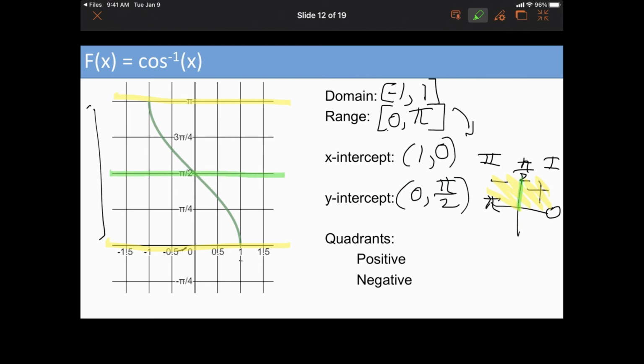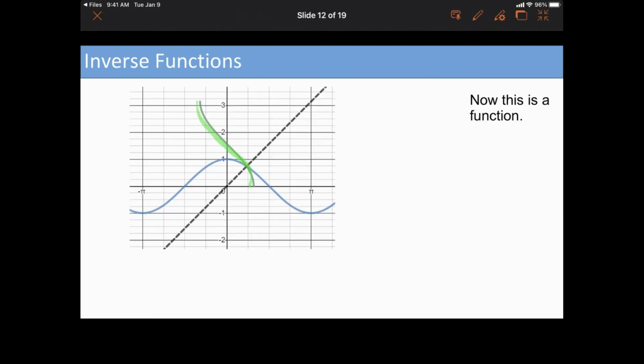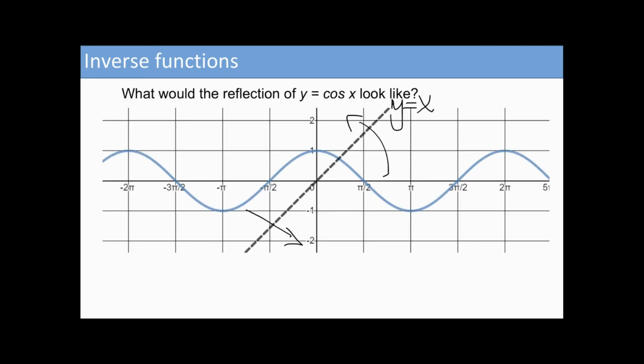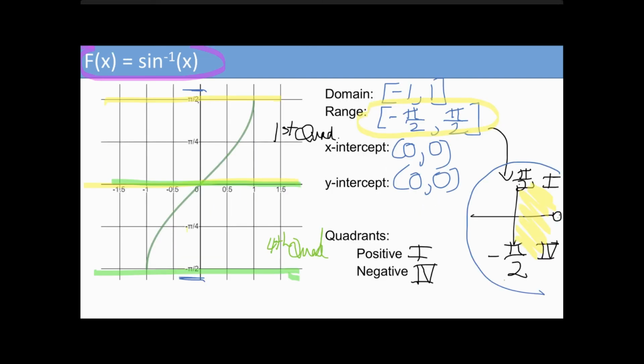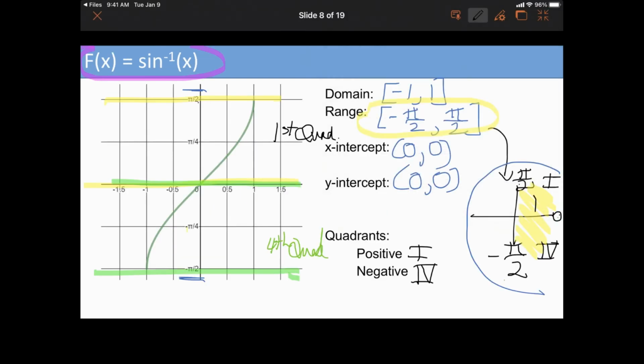Okay. So from 0 to pi over 2, it's positive. And then from pi over 2 to pi, it's negative. It means it's going to give you a negative value. Cosine is negative in the second quadrant. Let me double check here. Okay, I forgot to put plus, minus.